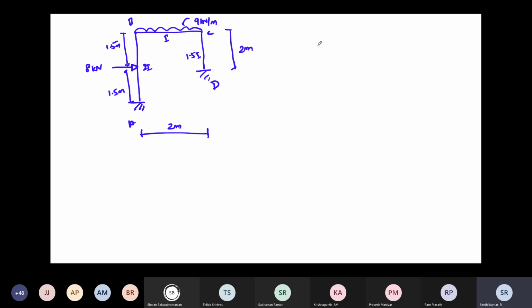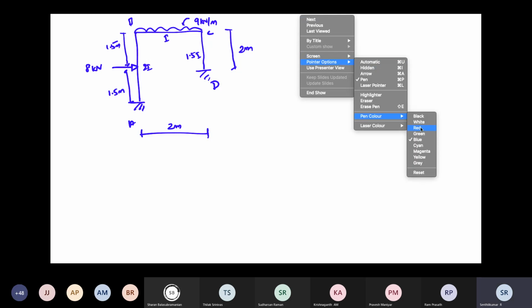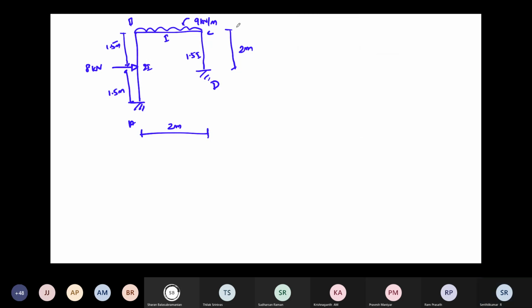How many degrees of freedom are there in this problem? Guys, how many degrees of freedom? Both supports are fixed, so no degree of freedom for those supports.